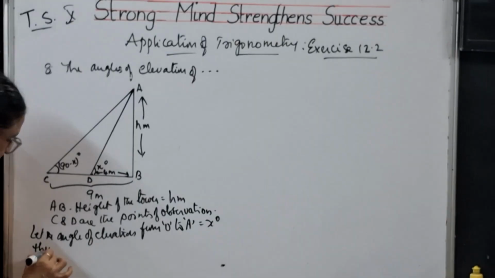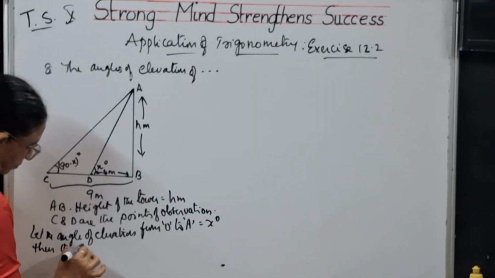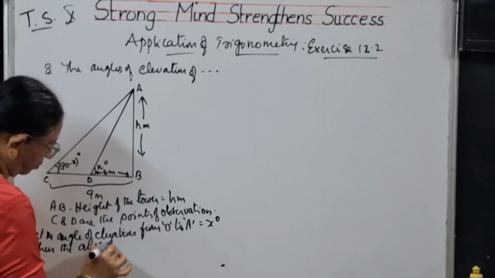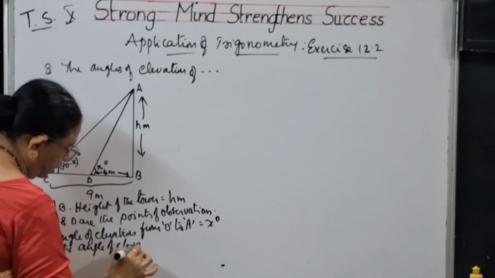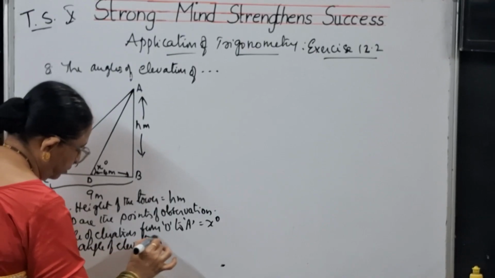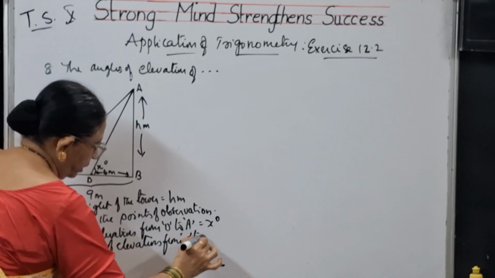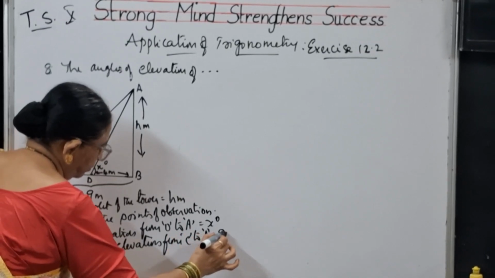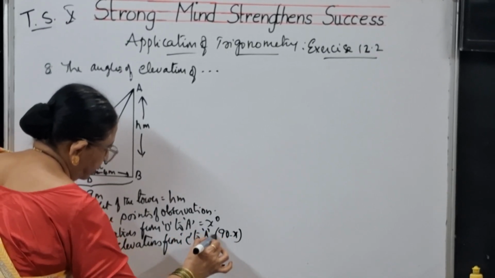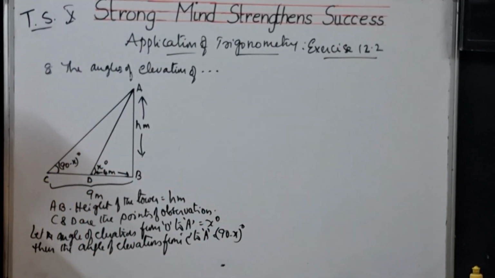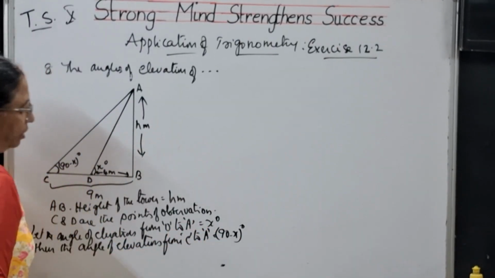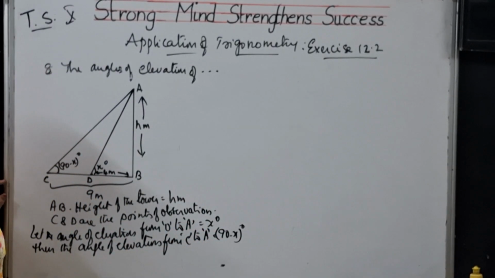Then the angle of elevation from C to A is equal to 90 minus x degrees because these two are complementary, they said.